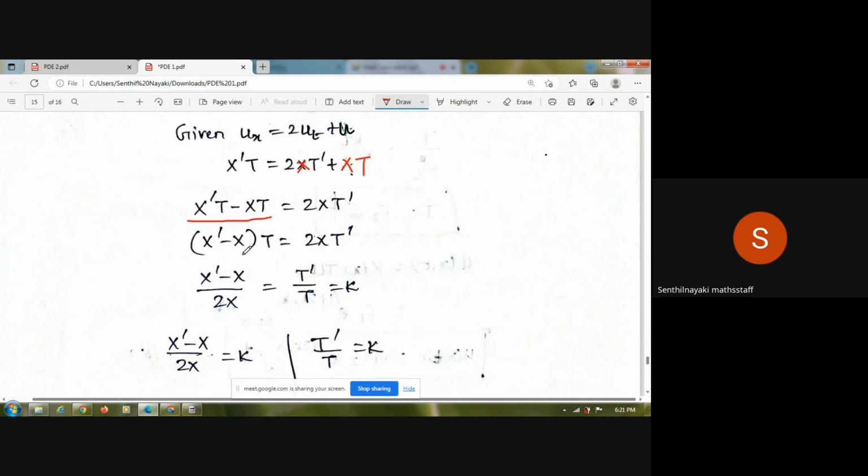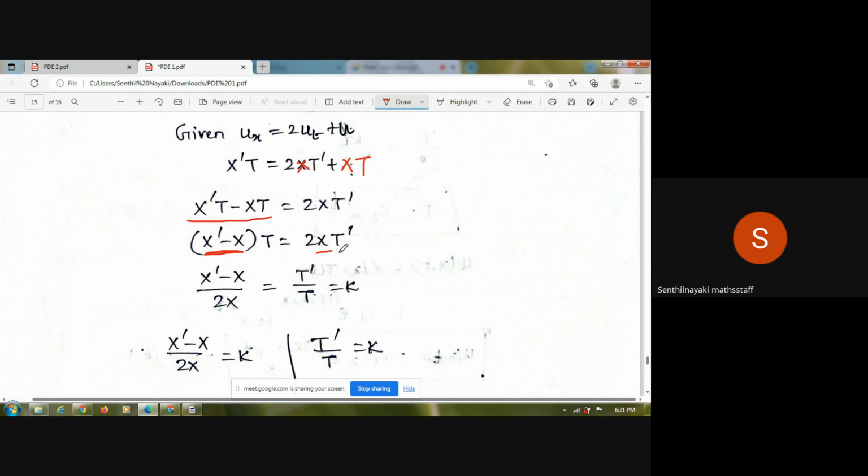Next, variable separable means we have to separate the x terms on one side and the t terms on the other side. Here x dash minus x is the x term, and here one x is there, so we take this x term to the left side. So x dash minus x by 2x.